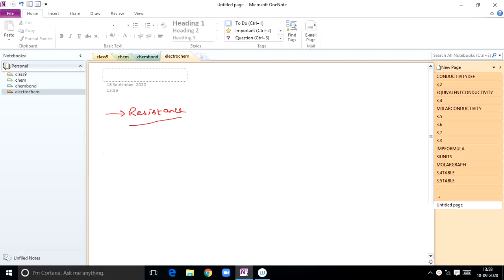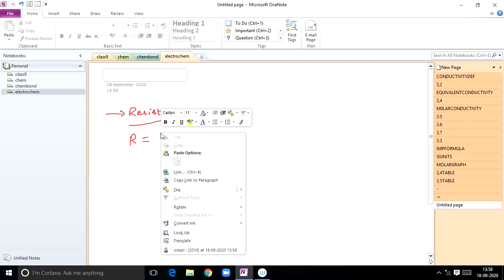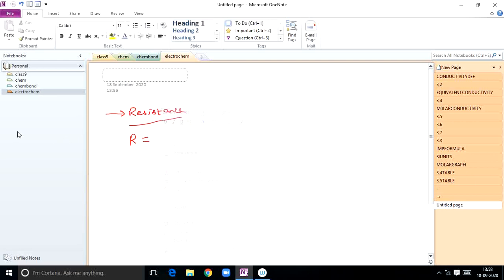What are the SI units of resistance? See, already you know resistance R is equal to potential by current, volt per ampere.